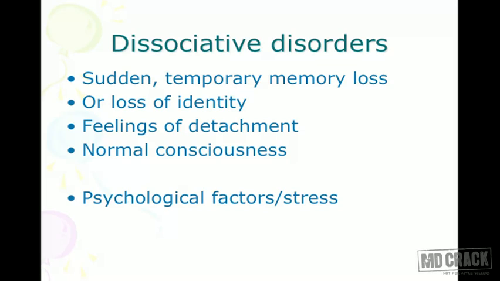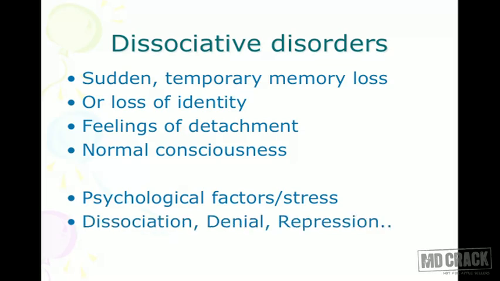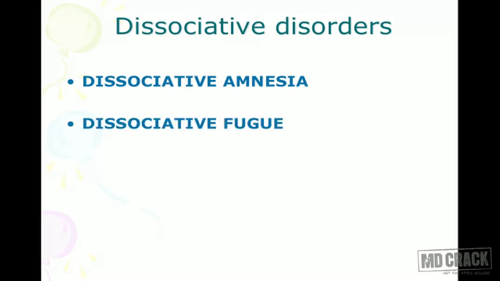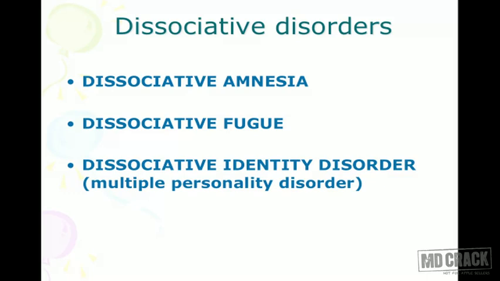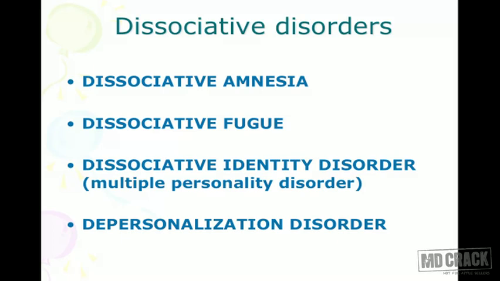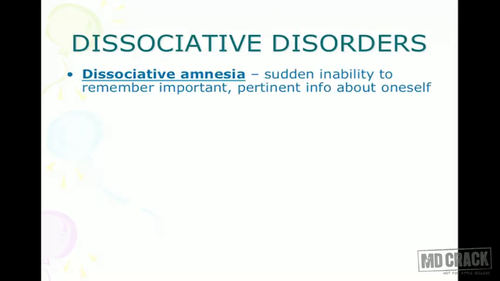There are psychological factors and stress factors behind this, and it could reflect a defense mechanism of dissociation, denial or repression. Look at what are the conditions: dissociative amnesia, dissociative fugue, dissociative identity disorder or what is called multiple personality disorder, and depersonalization disorder.